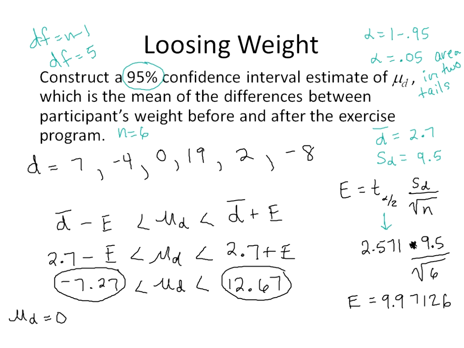If the difference is equal to 0, that means there's no change in the before and the after. So from this sample data, the inference that we're making about a population parameter is that there's going to be no difference. So this program is not helpful in helping participants lose weight.